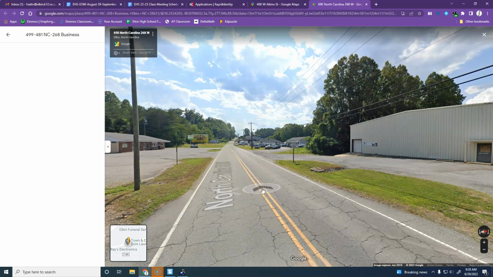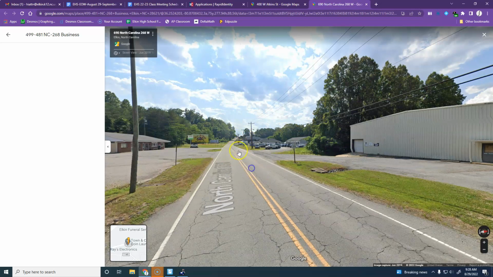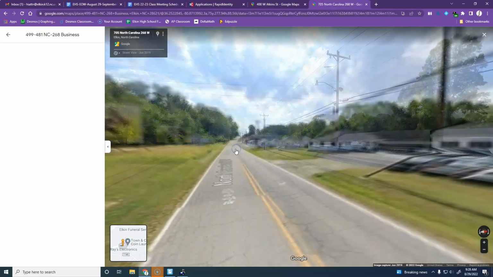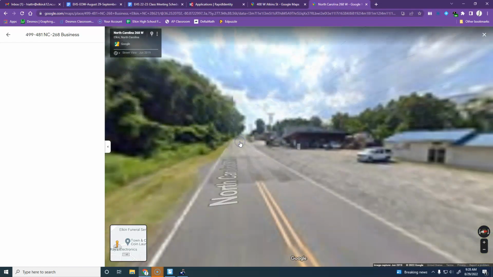You guys should be probably familiar with this. This is right here on 268 in front of Elkin Funeral Home and Pleasant Hill Daycare and all of that stuff. Now, had I been going down the hill, it's hard to go 35 down that hill. It's downhill. There's not that much stuff there close to the road. I was going up the hill. I never went this way at this time. This is like 10 years ago. I was picking Hunter up from daycare at Miss Dory's, and I was going up this way. I didn't usually go this way. So, I was going up the hill here at about 50 miles an hour.